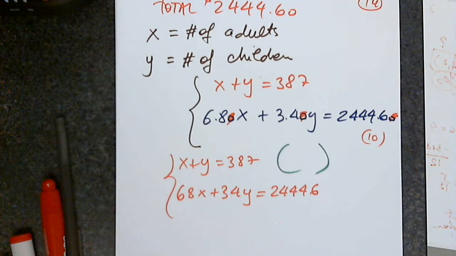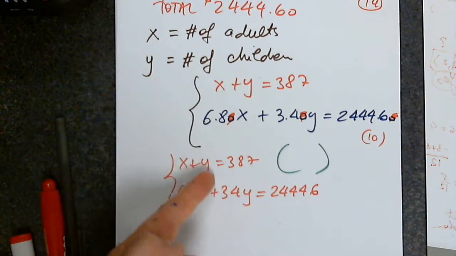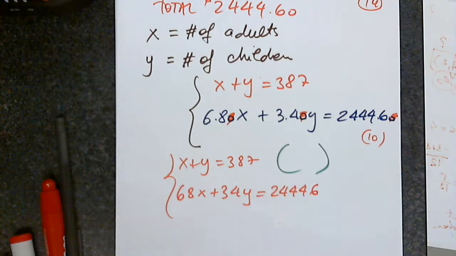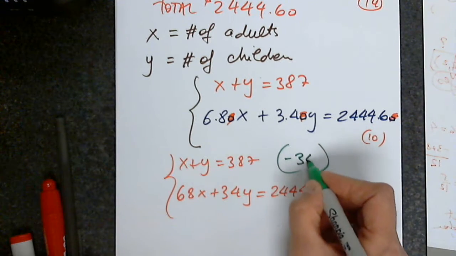You have to say either negative 68 or negative 34. If you say negative 34, then we will eliminate y. If you say negative 68, then we will eliminate x. It doesn't make any difference. I would do negative 34 too, because it's the smallest number.